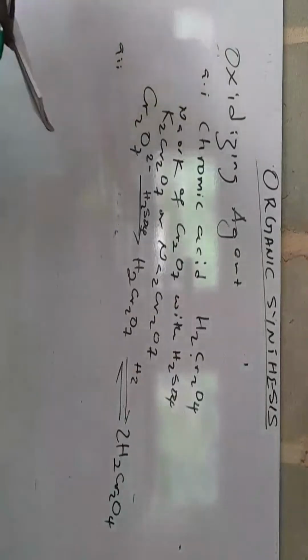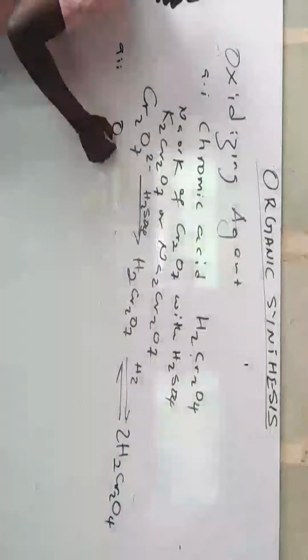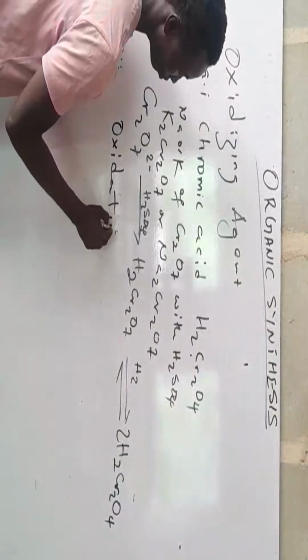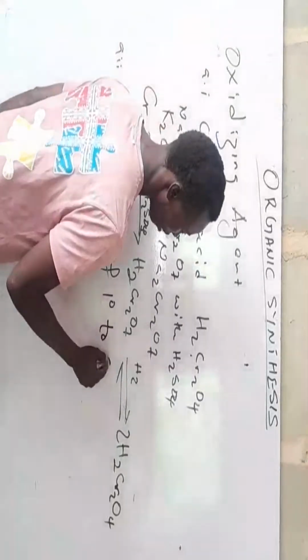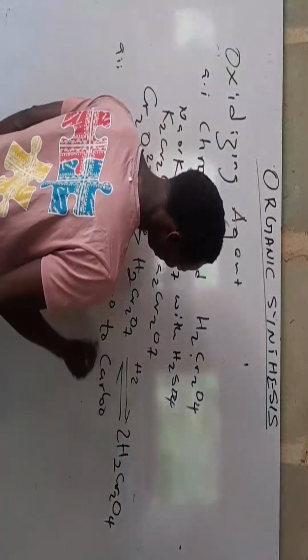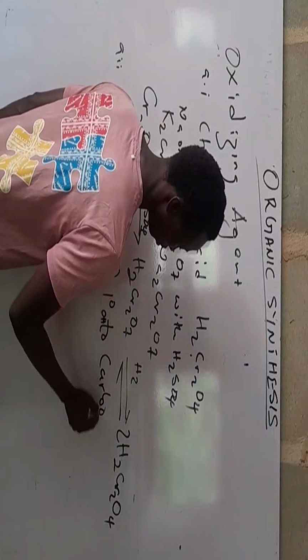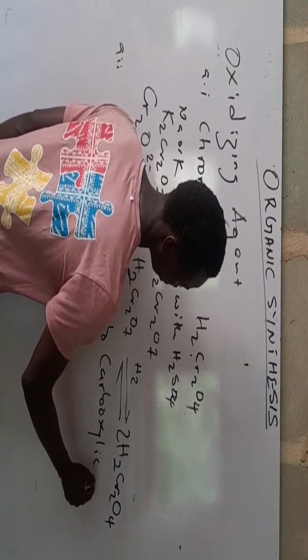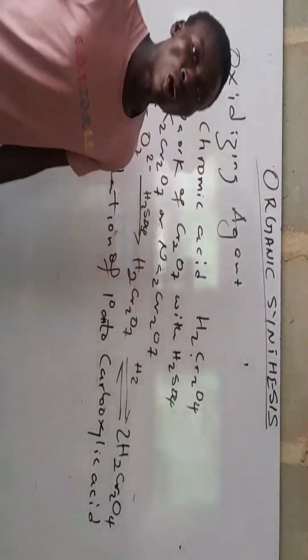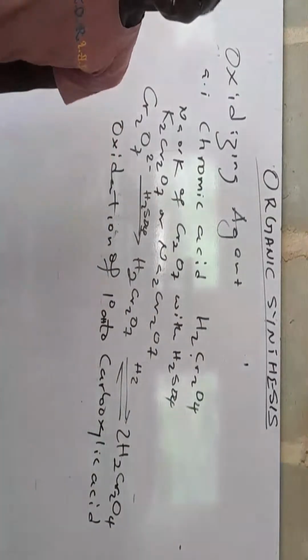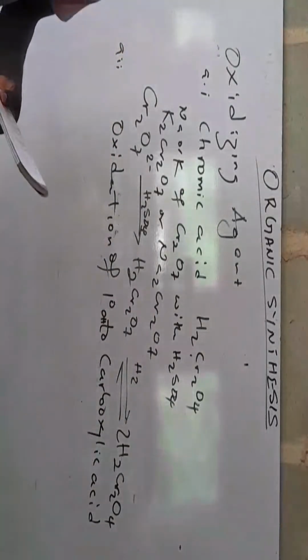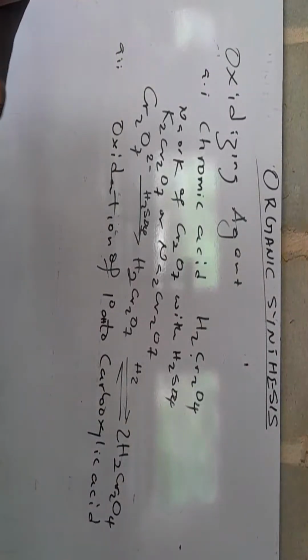So A Roman figure 2 now is oxidation of primary alcohol to carboxylic acid. So when it comes to oxidation of primary alcohol to carboxylic acid, how is it done? Most of them are through the oxidation process.